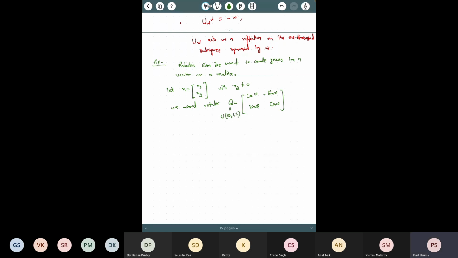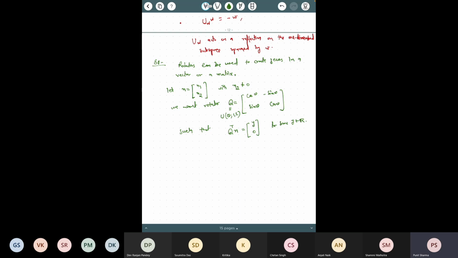We want this Q such that when I apply Q transpose on x from the left-hand side, I get a vector of the form y, 0 for some y in R. So I want to create 0 in x. I am trying to create zeros in a vector using a rotator. Let us see how to find such a Q.